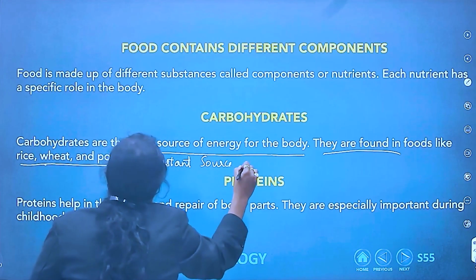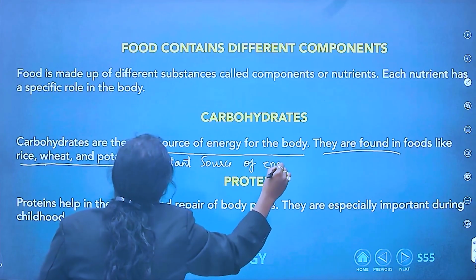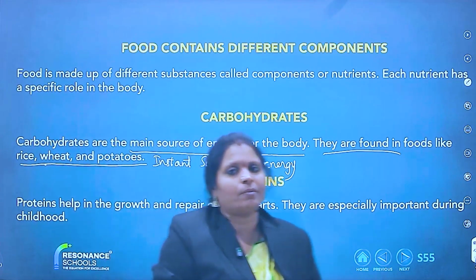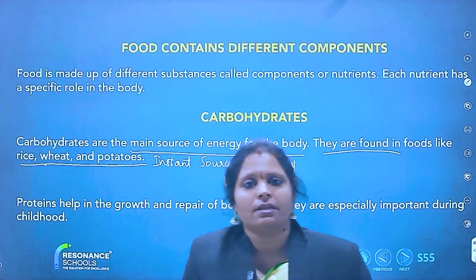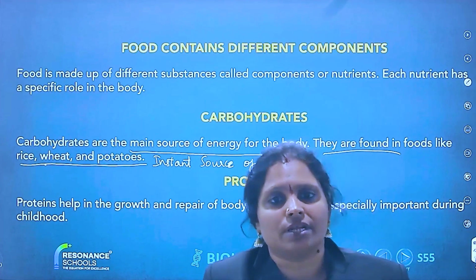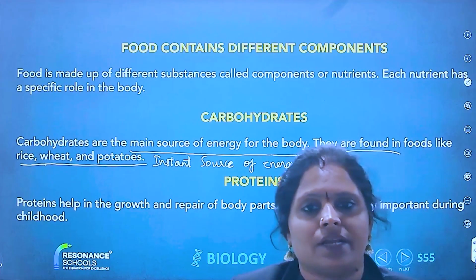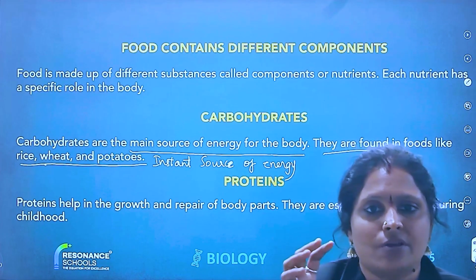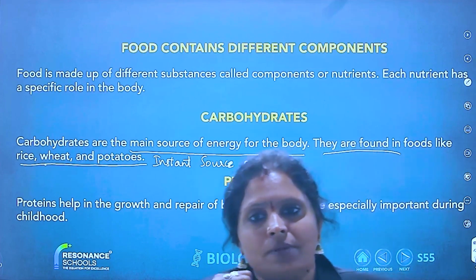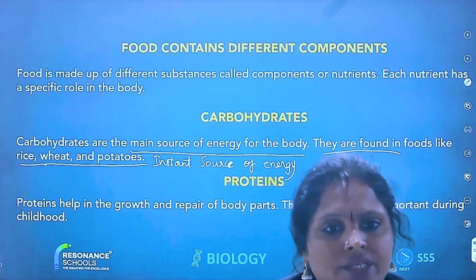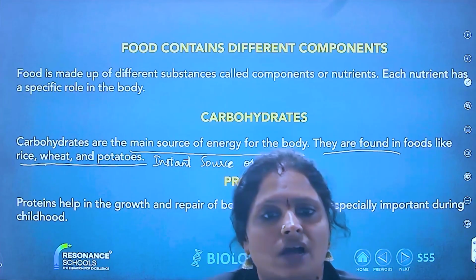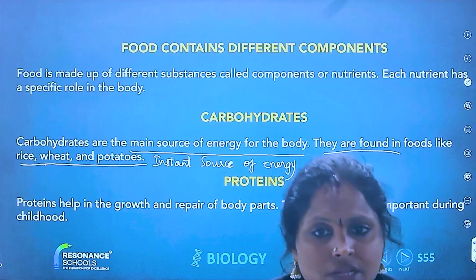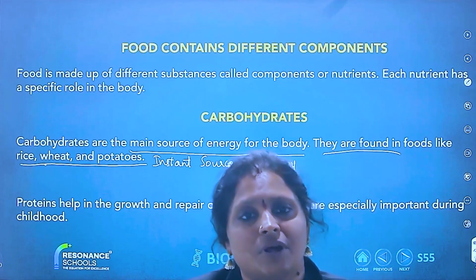What do you mean by instant source of energy? Immediately. For example, if you are not taking any food that day, and all of a sudden you take some glucose water, immediately our body gets energy. Do you understand? So carbohydrates are the instant source of energy for our body.